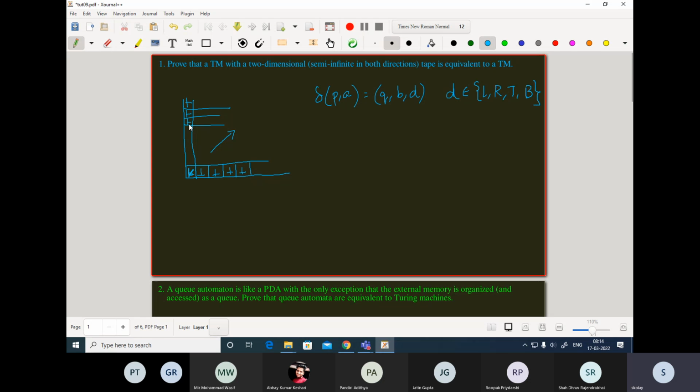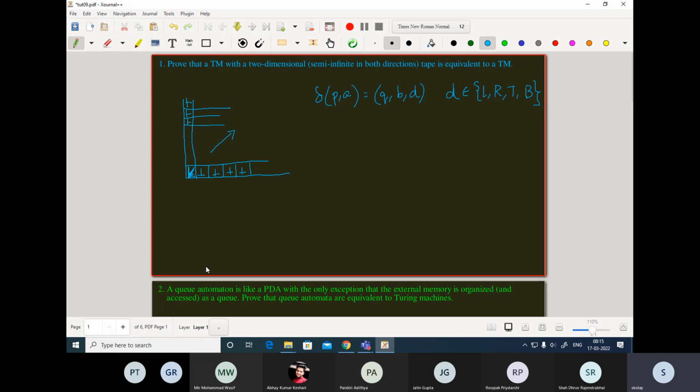Of course, you have to ensure that if A is the left hand marker, then this D should always be R or T. R, T or B cannot be L. And if A is the bottom end marker, then D cannot be B. It could be any of the other three. Okay. And if it's this special left and bottom end marker, then it can only be top or right.